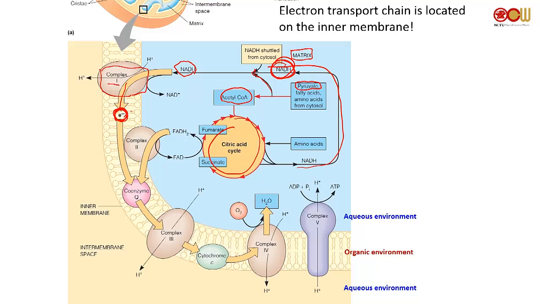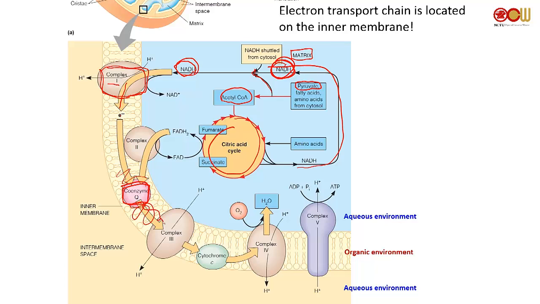This molecule is coenzyme Q. Never mind, it's right here. So what complex 1 does is pass the electrons from NADH onto this thing called coenzyme Q, called Q. And coenzyme Q floats around in the lipid, and then it touches complex 3.